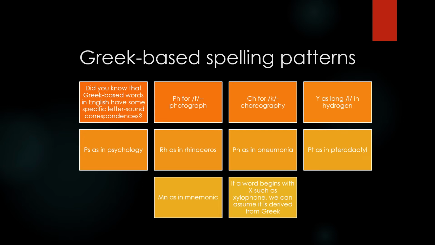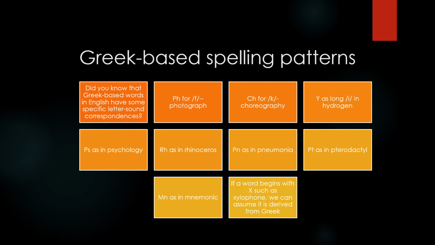RH as in rhinoceros. Again, you have that R sound and the H is silent here. PN, when you hear a word like pneumonia, start thinking, if you know it's from the Greek, then you can begin to assume that there might be a PN there standing for an N sound.